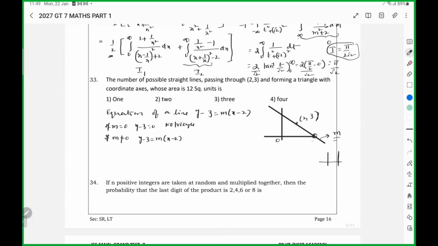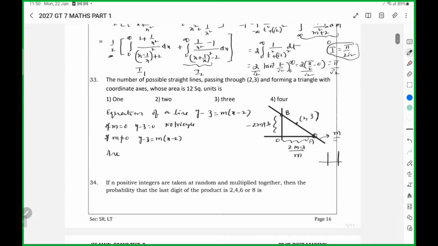To find the area, we need the x-intercept: put y as 0, you get x as 2m minus 3 by m. To get the y-intercept, this OB, put x as 0, this will be minus 2m plus 3.